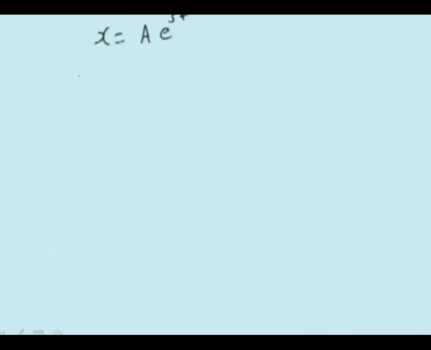So the solution can be written as A e to the power s1 t plus B e to the power s2 t, which also satisfies the equation. If you want only one term, put the other constant equal to 0. A and B are just constants.